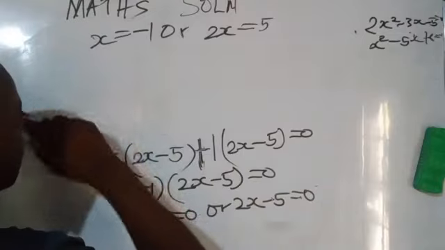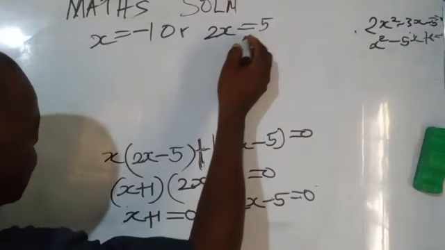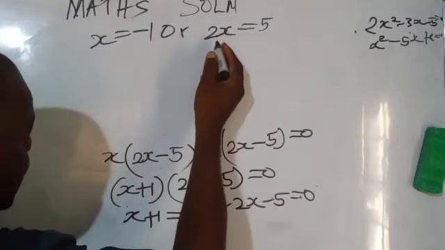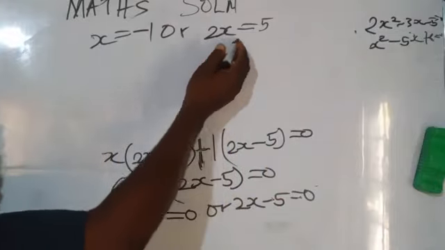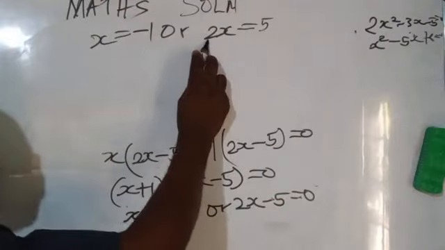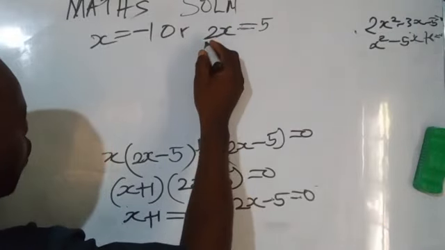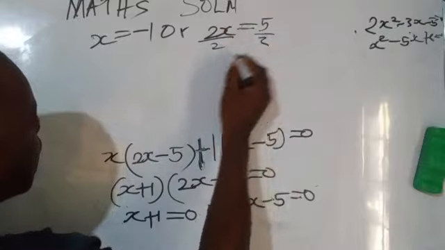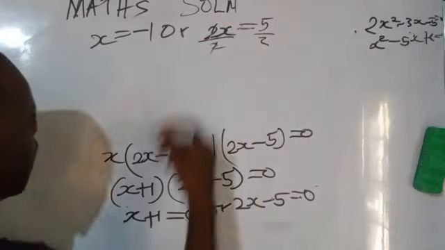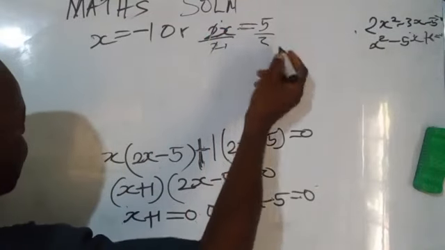Making x the subject of the formula, you have to divide both sides by the coefficient of what? X. And the coefficient of x is the value that is attached to x, which is this 2. Okay? So both sides of this equal sign, all over 2. So that 2 divide 2, you have 1, and 1 times x is x.